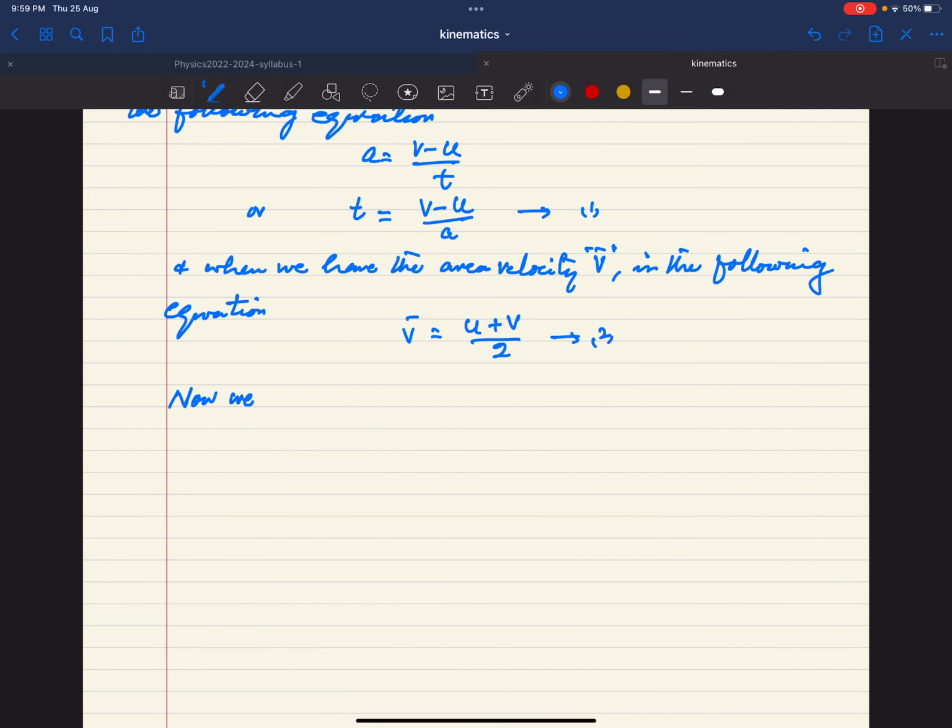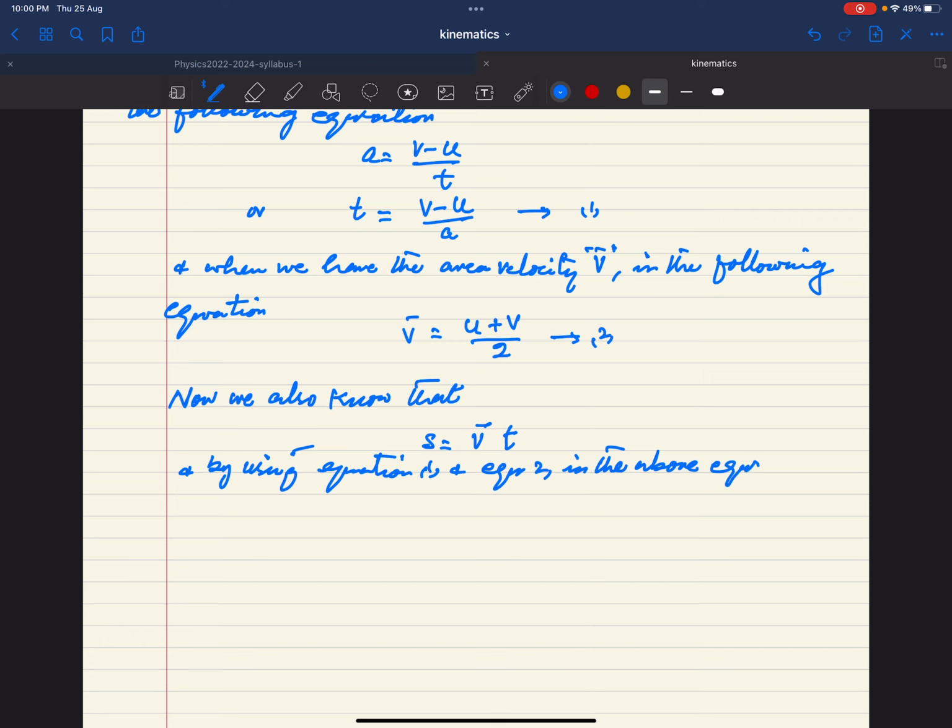Now we also know that s is equal to v bar into t, and by using equation 1 and equation 2 in the above equation, suppose we consider this as 3, we get s is equal to u plus v divided by 2, and for this t we use equation 1, so simply we have v minus u divided by a.